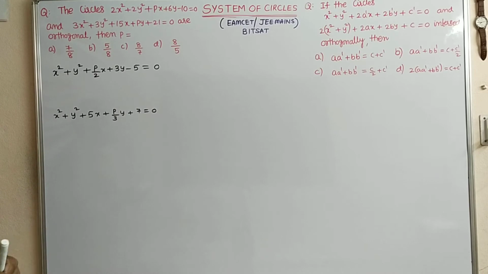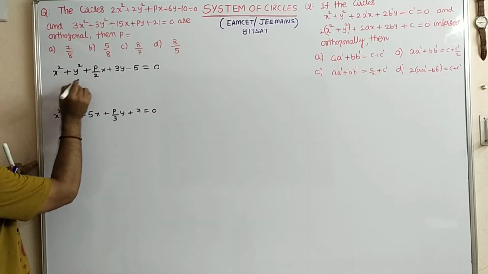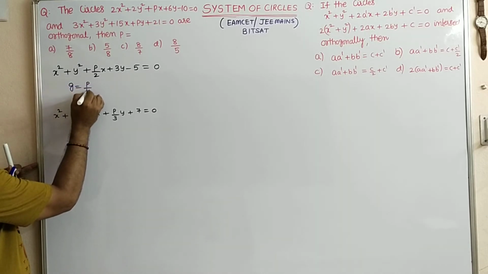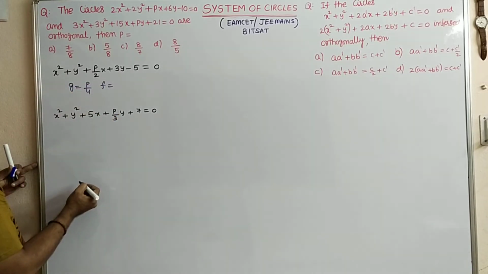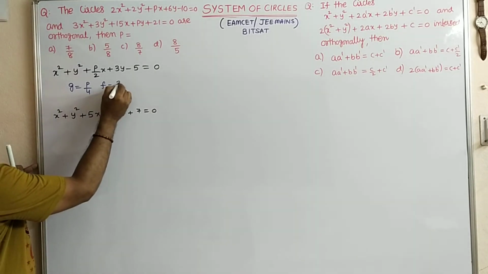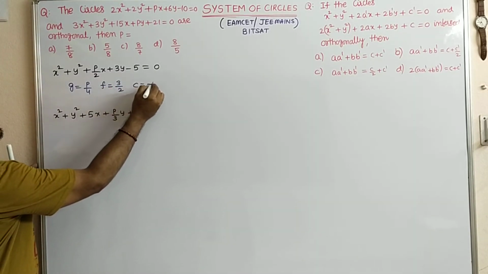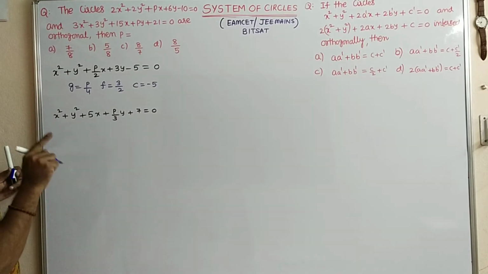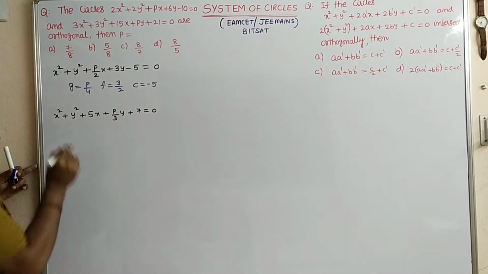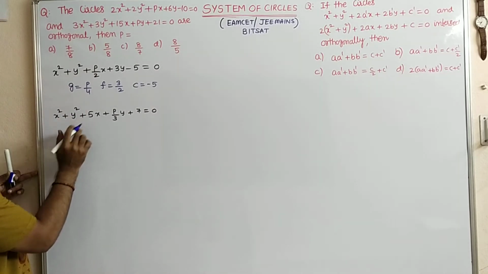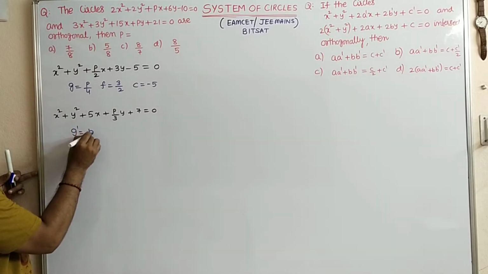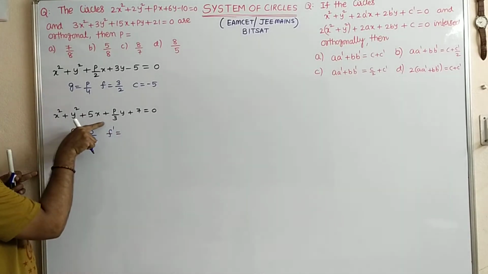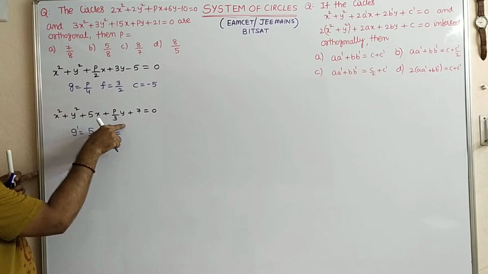First circle, you have to compare with the general equation. Here, 2g equal to p by 2, so g equal to p by 4, 2f equal to 3, f equal to 3 by 2, c equal to minus 5. Come to the second circle, compare with x square plus y square plus 2g dash x plus 2f dash y plus c dash. So here 2g dash equal to 5, g dash equal to 5 by 2, 2f dash equal to p by 3.